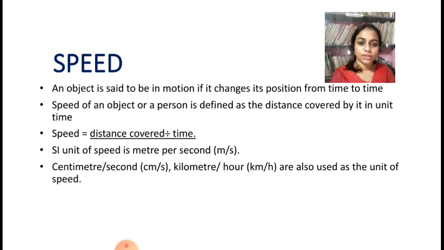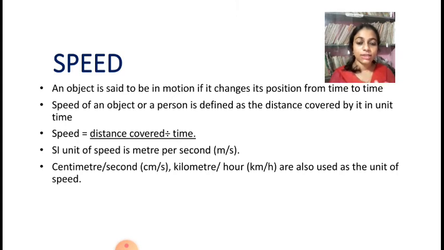Of course, centimeter per second and kilometer per hour are also used as units of speed. For example, for a moving train or moving vehicle, we use kilometer per hour. So this is the topic for this video, and this is the last topic of this chapter.